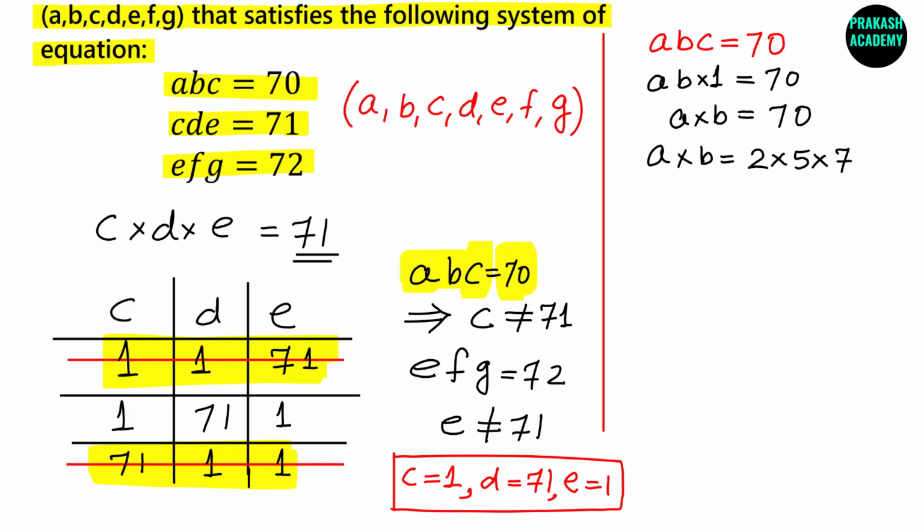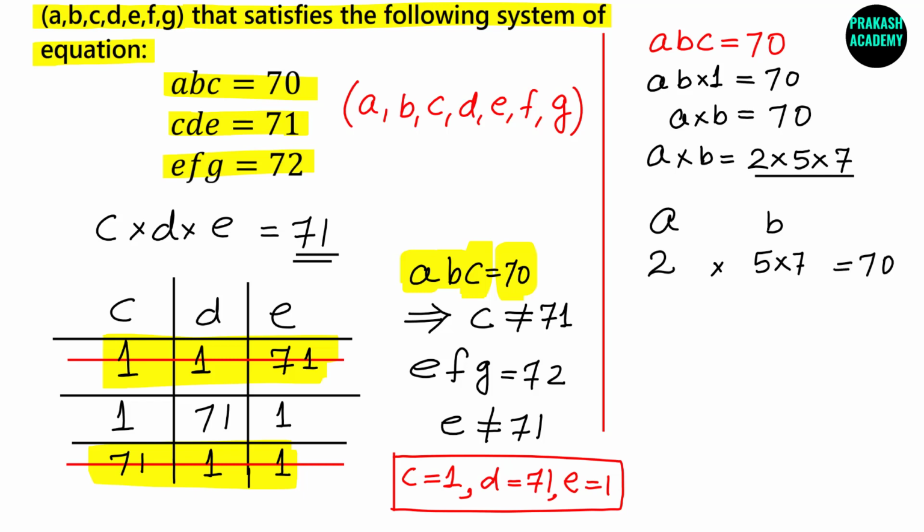So what are the possible values of a and b? These are the three factors, 2, 5, 7, for a and b. Now what can a be? Let me write a here and b here. So a can be 2 and then b can be 5 times 7, because if you multiply all this, finally you will get 70.